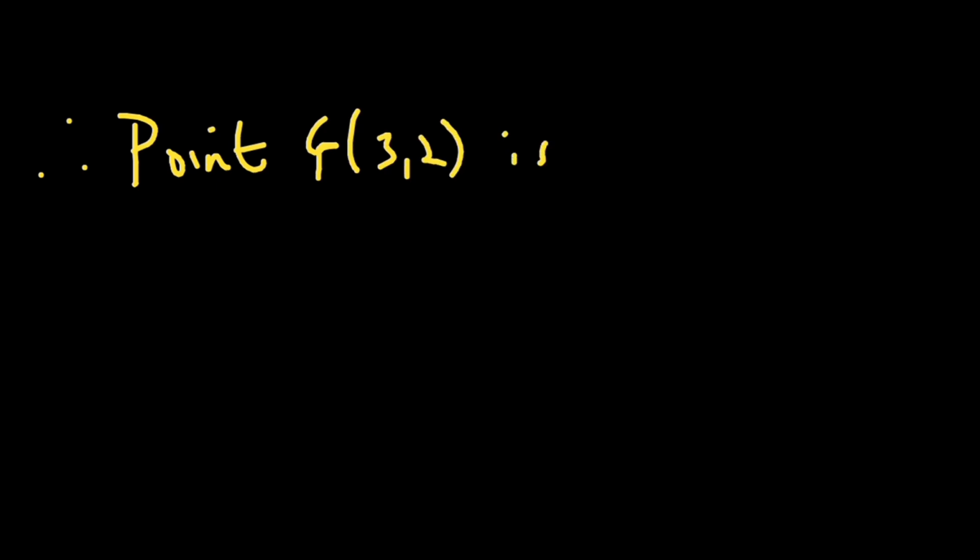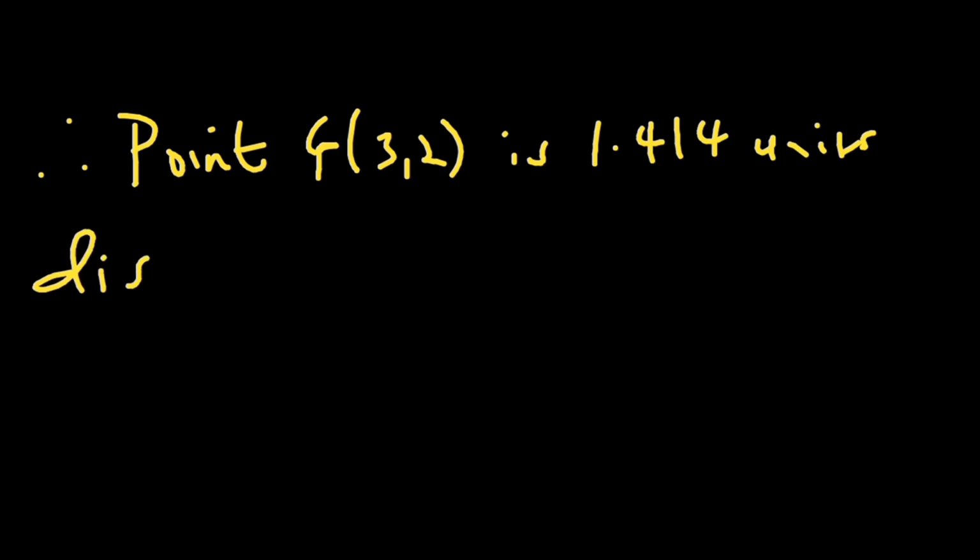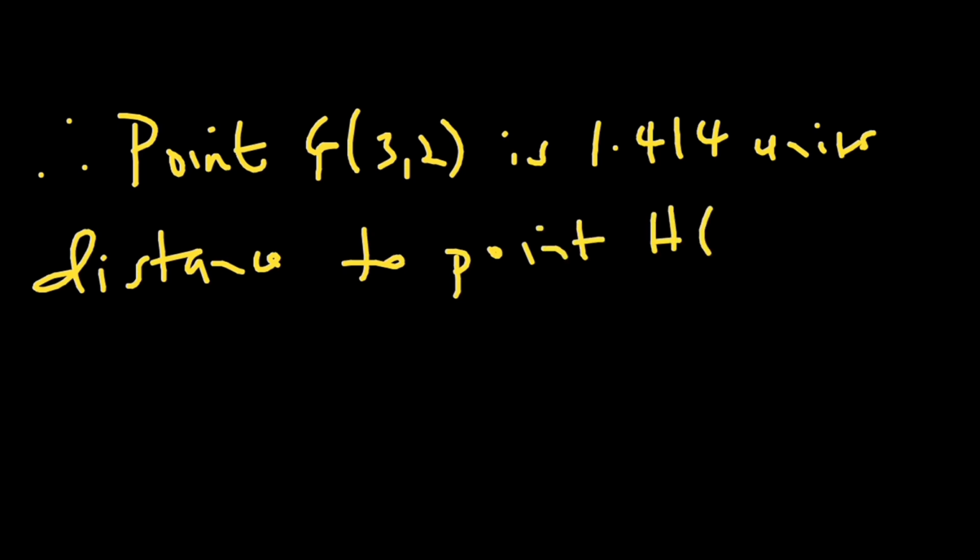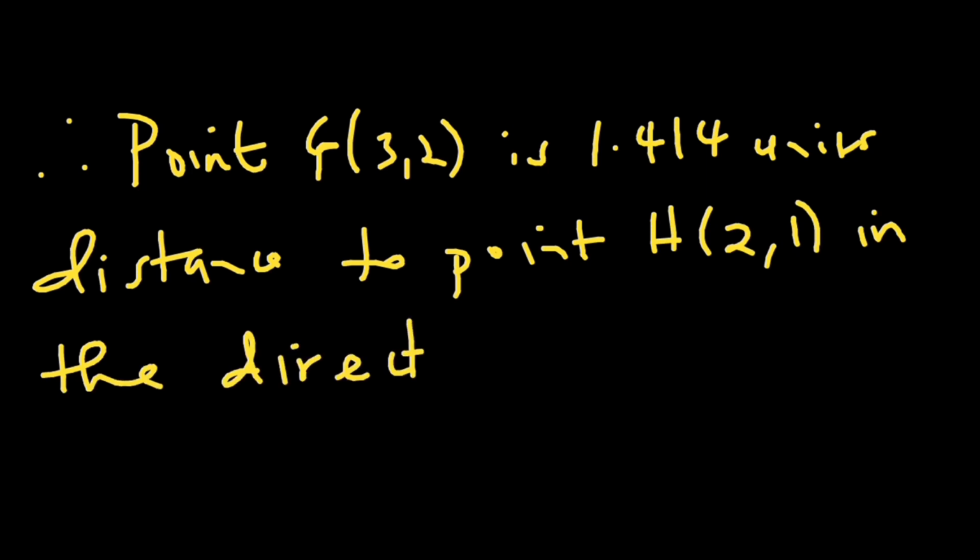Therefore, our solution will be written as: point G with coordinates (3, 2) is 1.414 units distance to point H, having coordinates (2, 1), in the direction of 45 degrees.